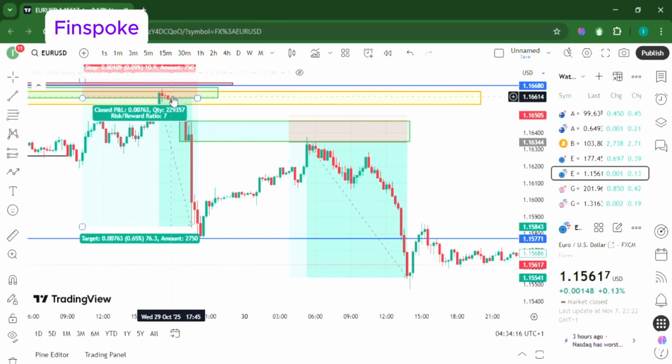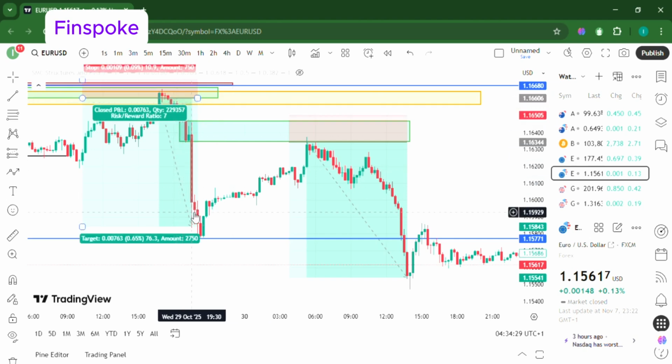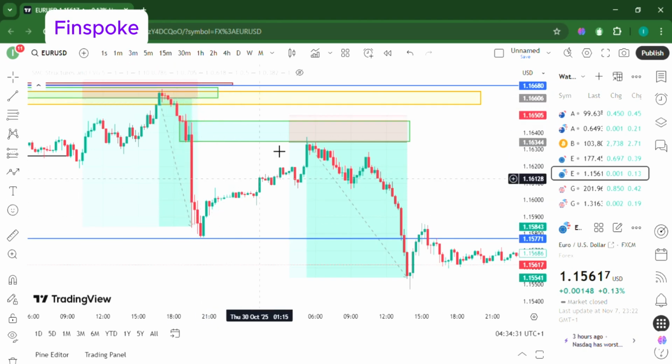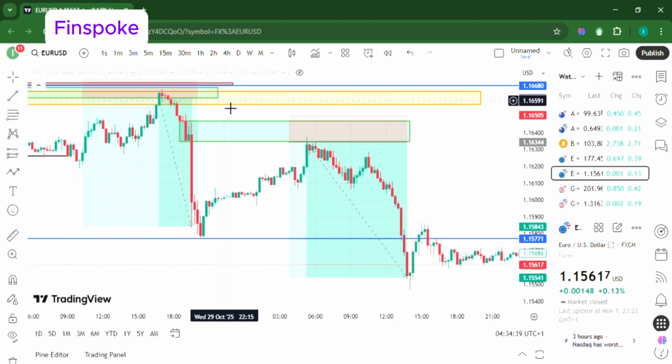I took this trade on this 15 minutes. It closed the trade for me and started pulling back. Normally, when they make this move, they will return back because they create a gap, a market inefficiency here. So they will return back to the original point where the move started.